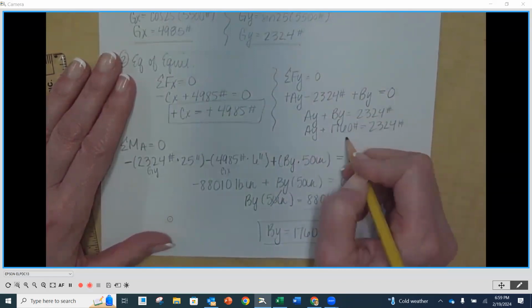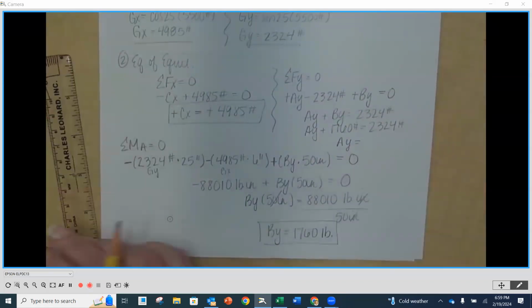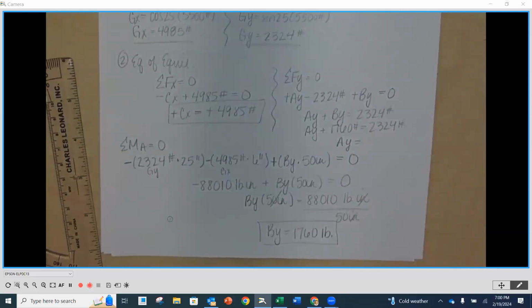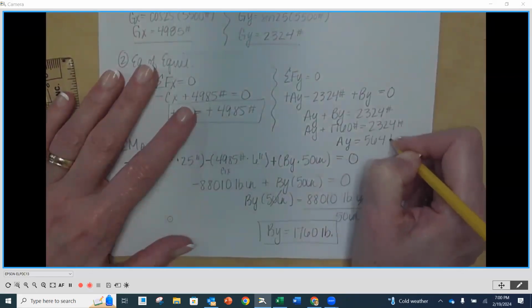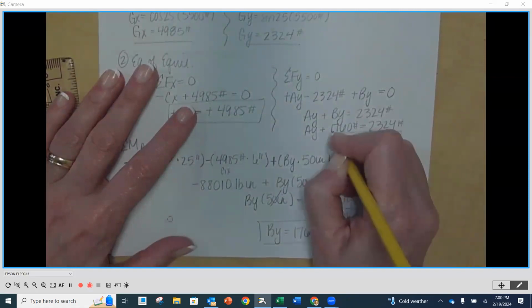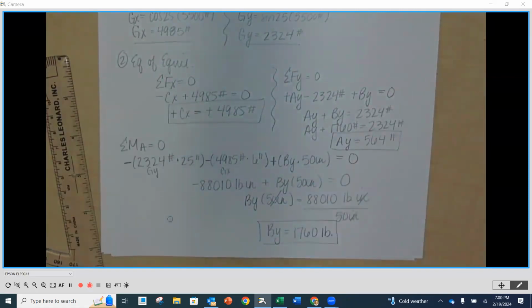And then we're going to move that to the other side, subtract it off. So 2324 minus 1760, 564 pounds. Notice that each one of these values came out positive, so the directions that we assumed were correct.